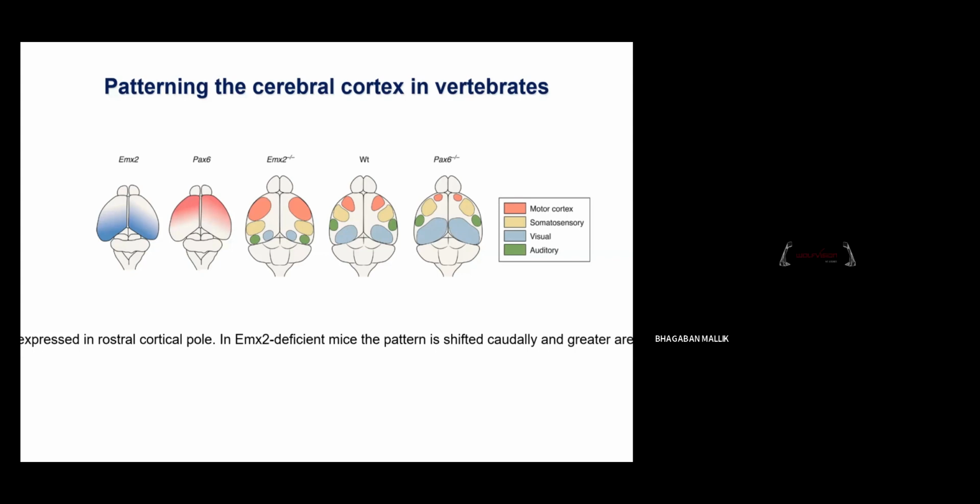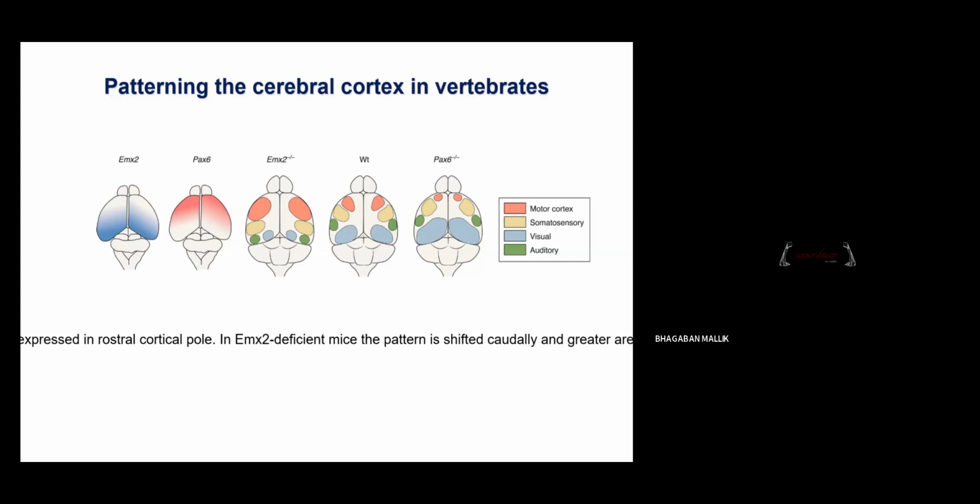So in the EMX2 mutant, you can see a reduction in the visual cortex and more specification of the motor cortex, and the opposite happens in the PAX6 mutant. In PAX6, you have less development of the motor cortex and more development of the visual cortex.